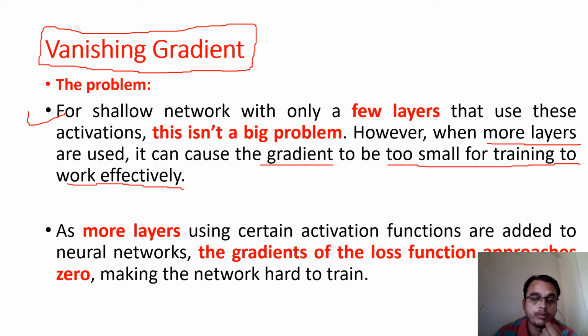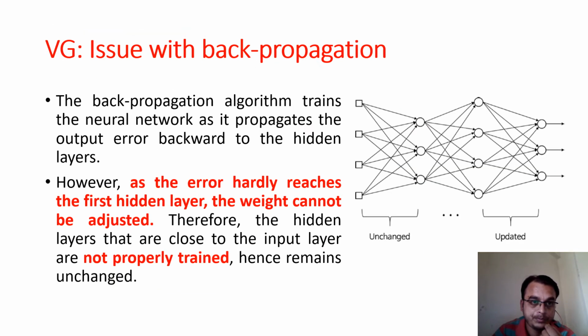Hence, as more layers are there, the gradient change approaches zero. So it makes the network very hard to train. It's very difficult to train the network if more layers are present. That is what we call the vanishing gradient problem.